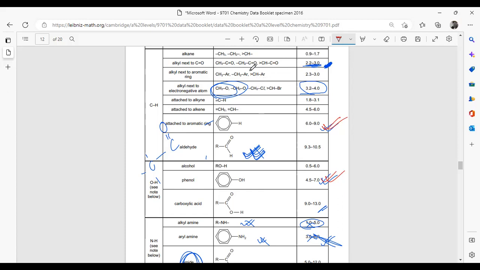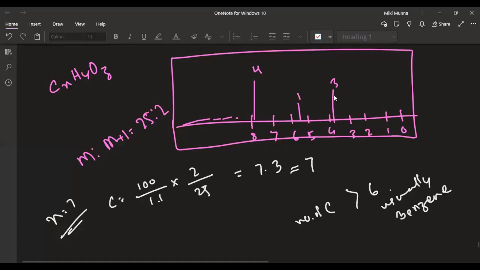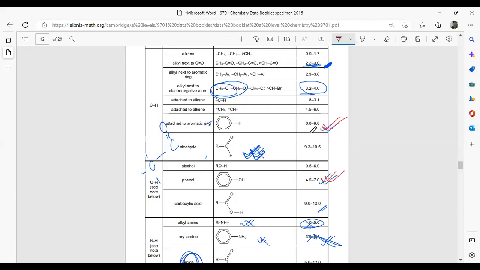Now, think of it in this way. Let me go back to the blackboard. They're talking about this region. Before coming to this portion, let's go back to the data booklet first. Now take the values. This is in the region 6 to 9, and this is from 4.5 to 7. 6 to 9, 4.5 to 7.